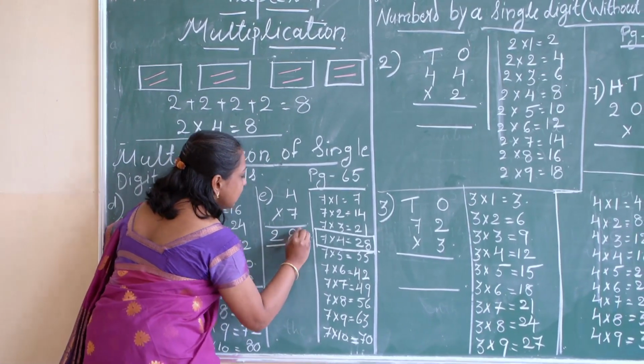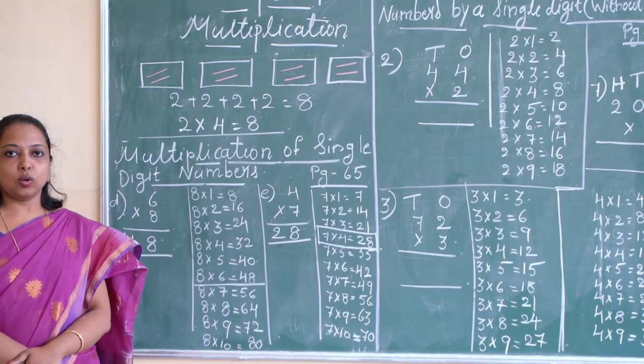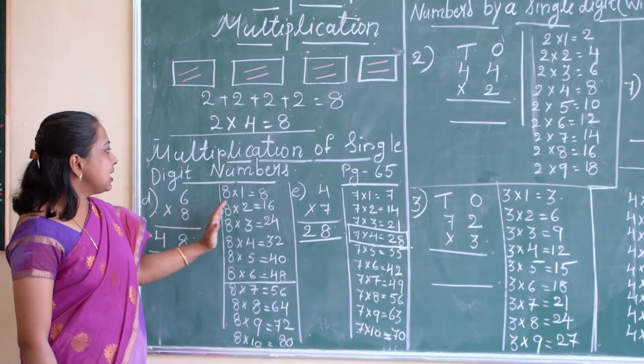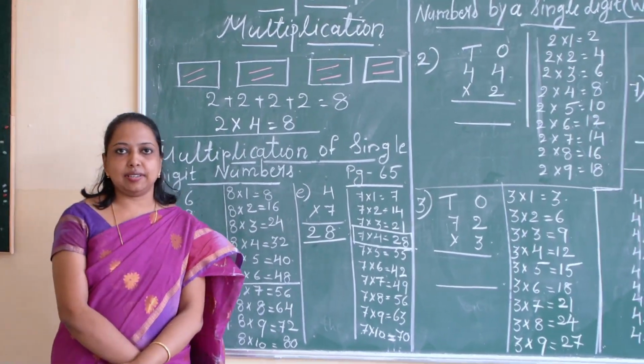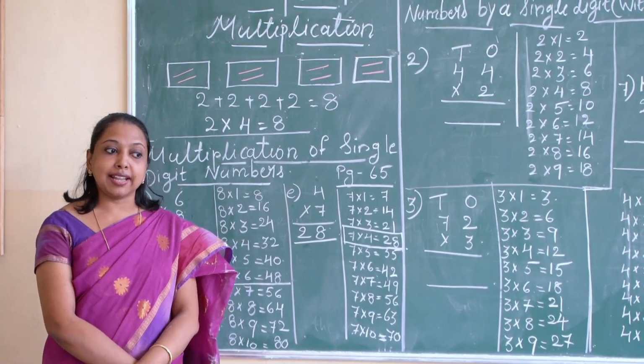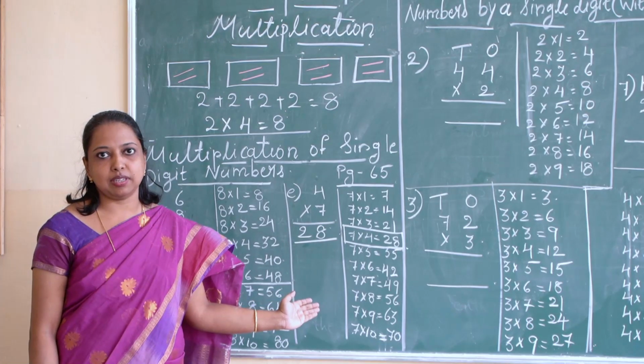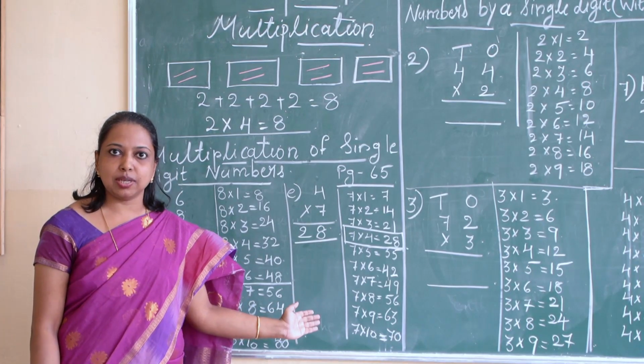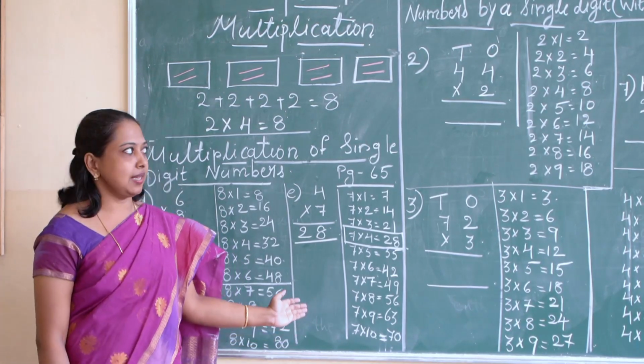So you can write 28. This is a single digit multiplication. In single digit multiplication, you will get the answer directly from the multiplication table. So learn the multiplication table by heart and you will get the answer.